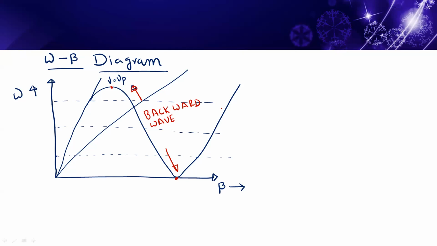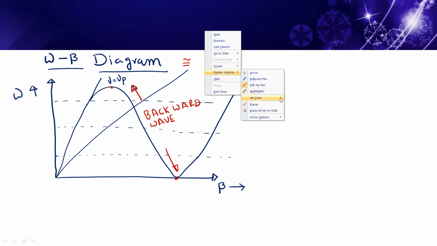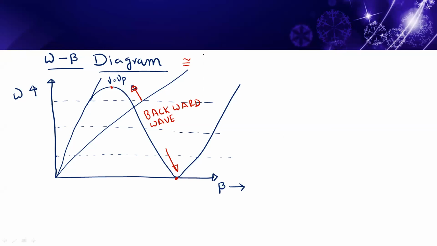Therefore, the RF wave signal travels in the direction opposite to the electron beam. Therefore, this omega beta diagram is sometimes also called the dispersion diagram. Everybody note this keyword.